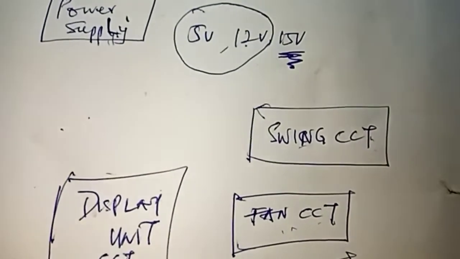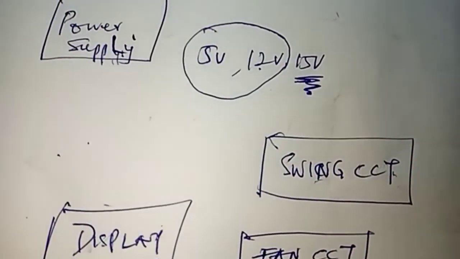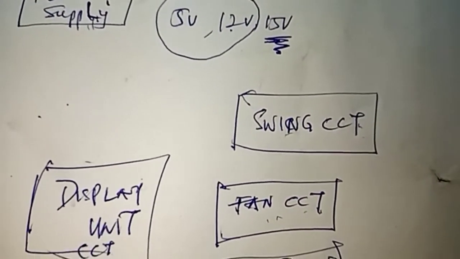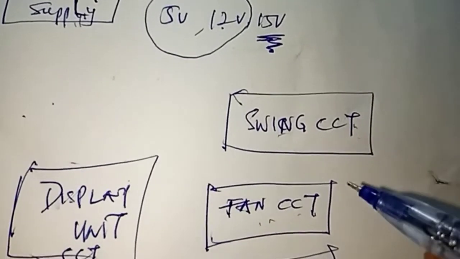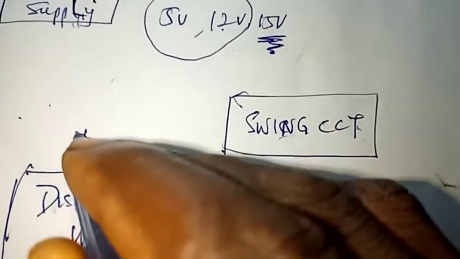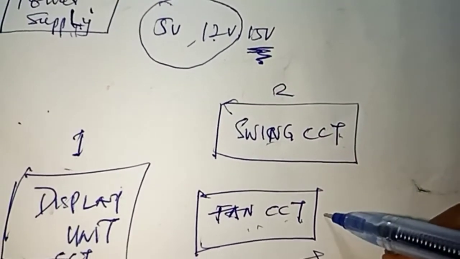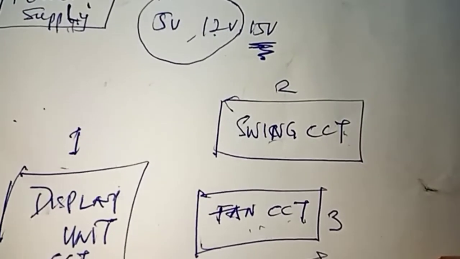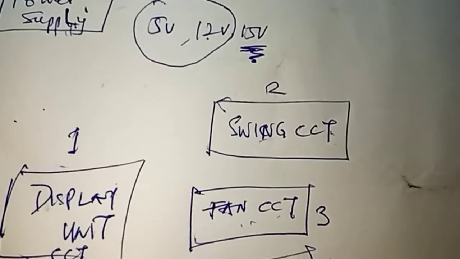So how do you link these together? You need something that will tell them this comes first, this comes next, this comes number 3, this comes number 4. That is a microcontroller.